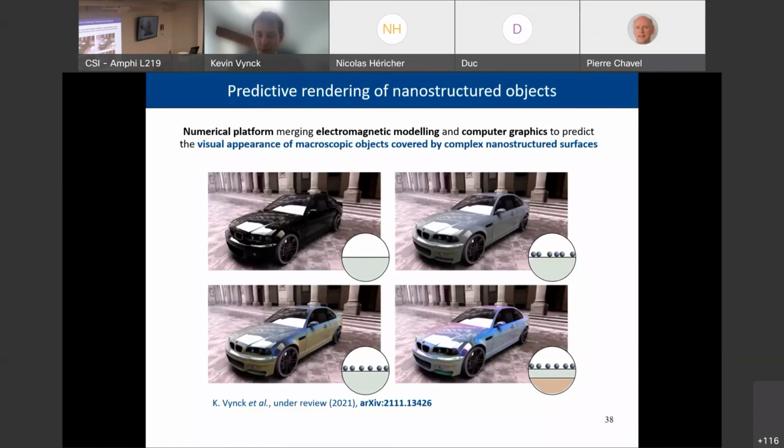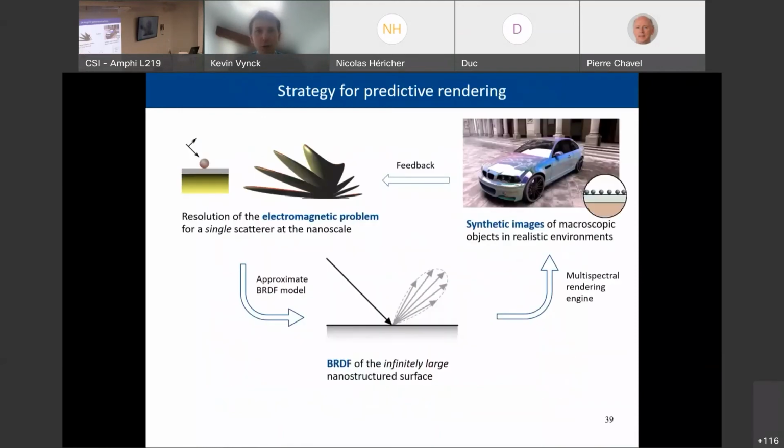that we understand. So very briefly, the strategy for the predictive rendering is quite simple. We start from solving the electromagnetic problem at the level of a single scatterer. It can be a single scatterer on top of a layered substrate, and we calculate in practice the scattering amplitude of this object to know how the light will be scattered. I told you about the scattering amplitude previously.